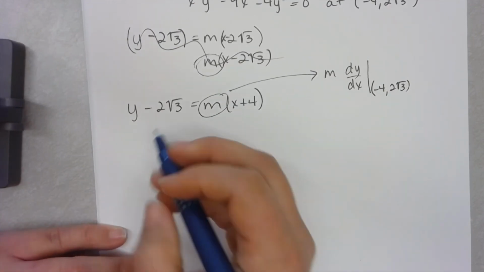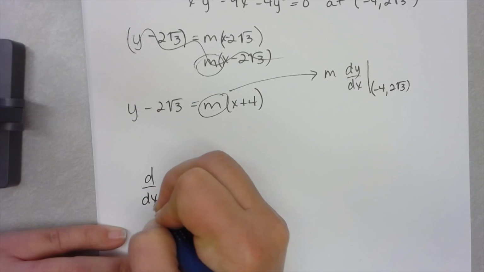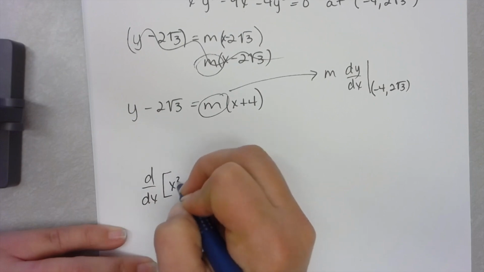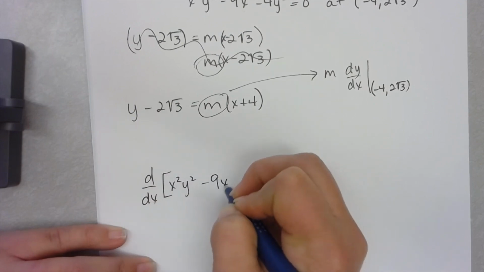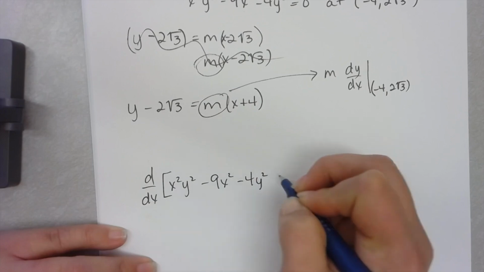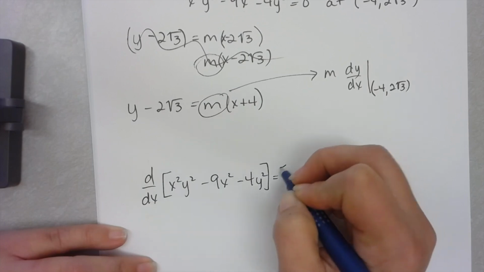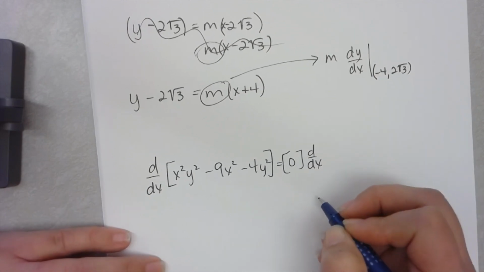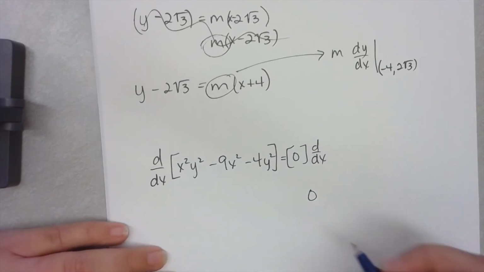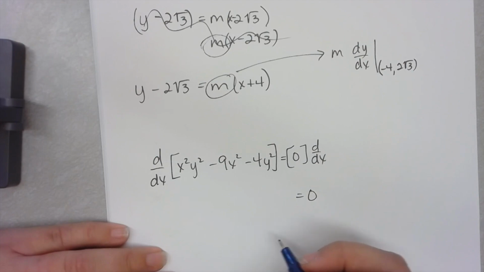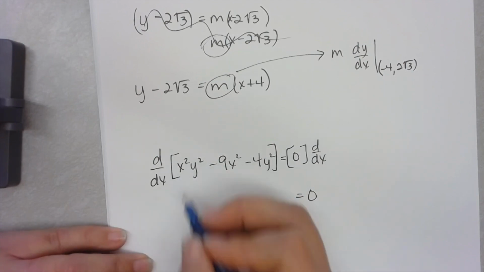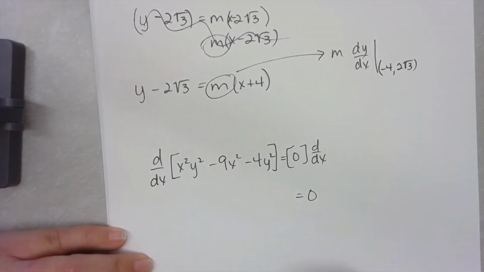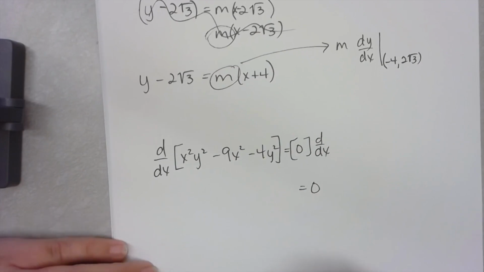All right, so we're going to do the derivative with respect to x of both sides: x squared y squared minus 9x squared minus 4y squared equals 0. Now the right side is easy, because the derivative of 0 is still 0. The x squared y squared I'm going to do in phases because I hope you recognize it's a product.